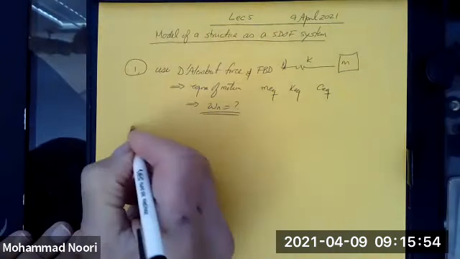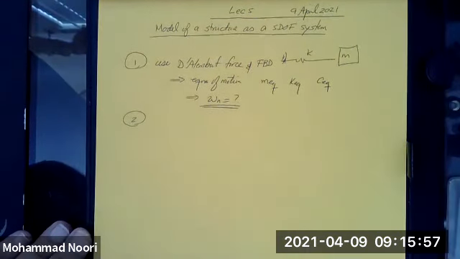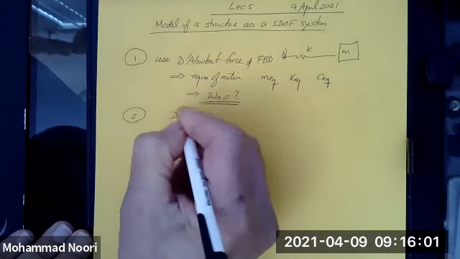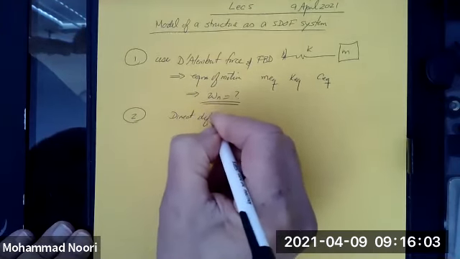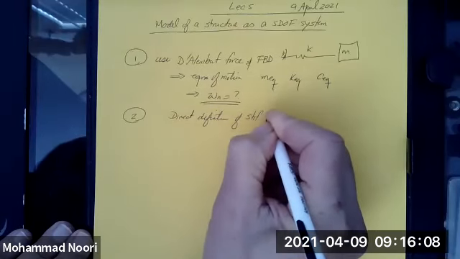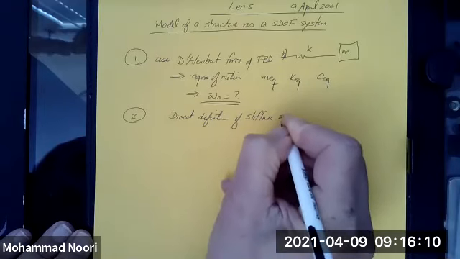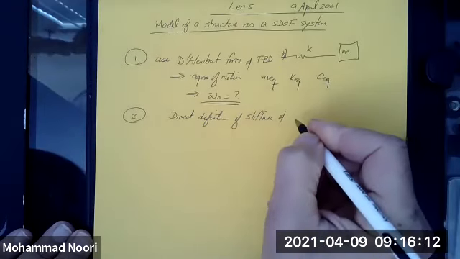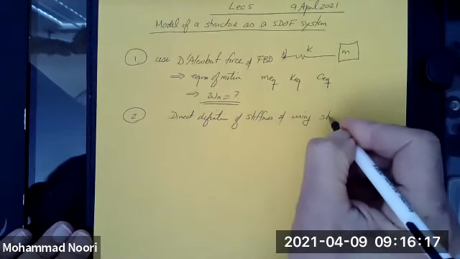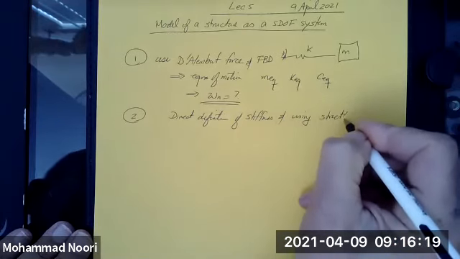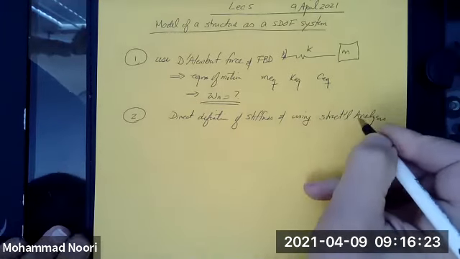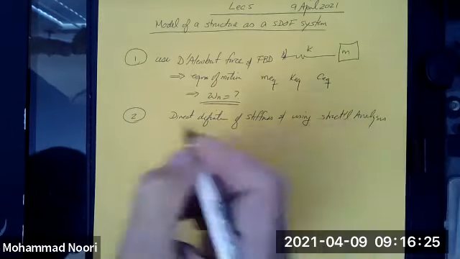Now, we are starting the second approach, which is the direct definition of stiffness, what I call using structural analysis. That's what we want to introduce, and I will introduce that in two phases.